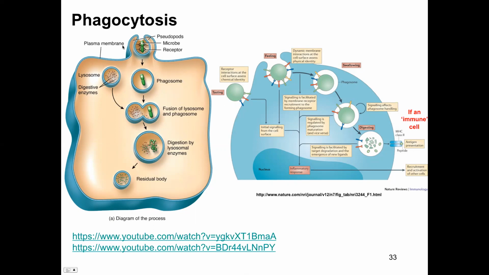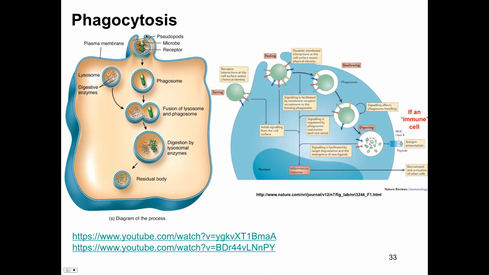But basically what you have are appendages or pseudopods that extend out from the cell. They engulf whatever it is on the outside that needs to be brought into the cell, and in it comes into a phagosome. And then we're going to talk about lysosomes later, but there are digestive enzymes in here that can break that up, and then you can have these little leftover bits in here, and that's sort of like a residual body in the cell, okay?